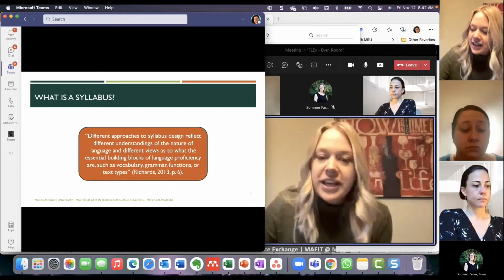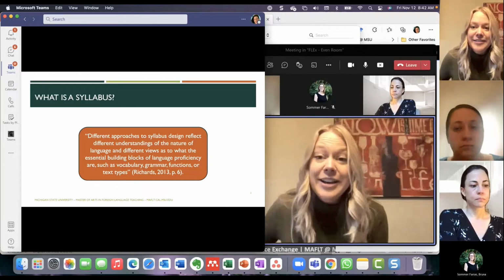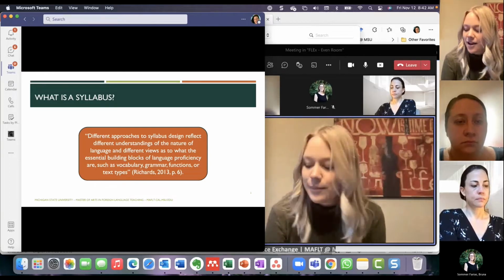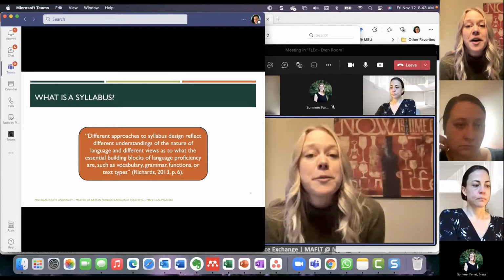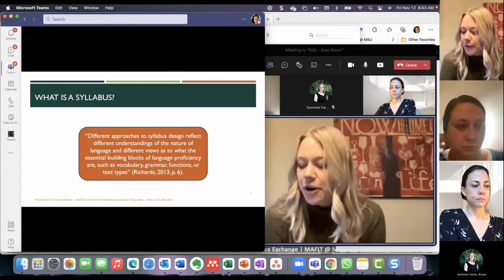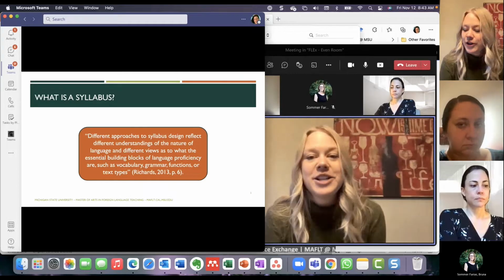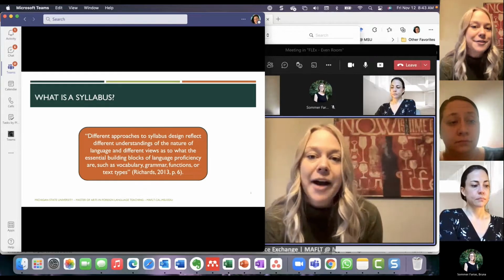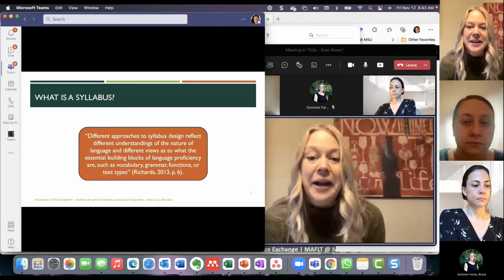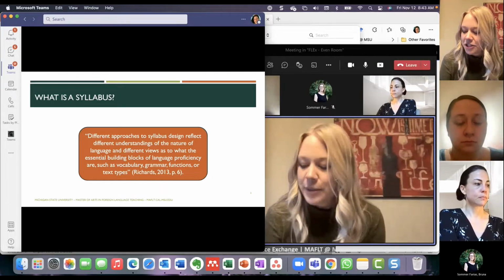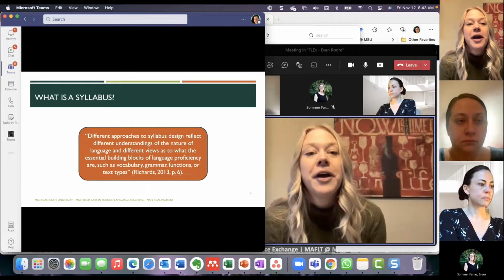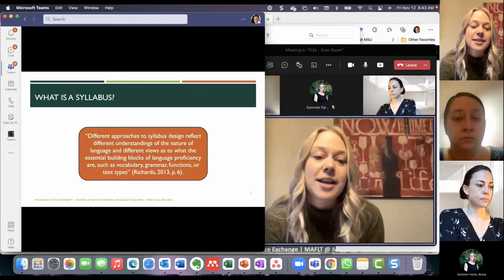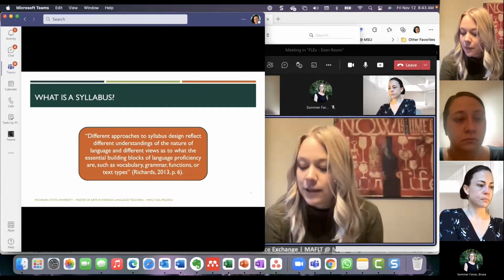This idea of fundamentally different beliefs on what language is and how it can be taught and learned can sometimes cause difficulty within our departments, because a teacher that believes that language can be learned as little building blocks from the bottom up, through practice and memorization and repetition, is going to structure and design her syllabus and her course in a completely different way than someone who doesn't have that same belief about language.